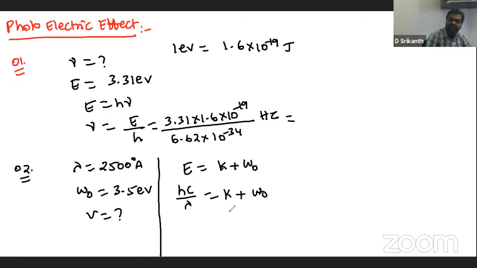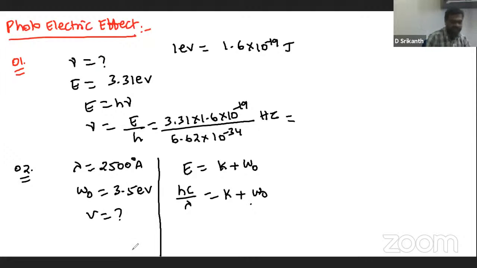Here kinetic energy means the energy possessed by the electrons or photoelectrons ejected from the cathode. Is it right? See, the potential required to stop the fastest electrons: to stop the fastest electrons, we need to find the potential.